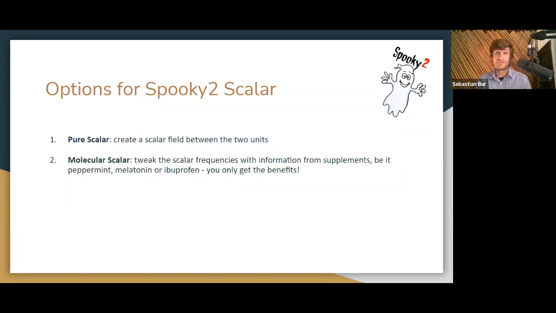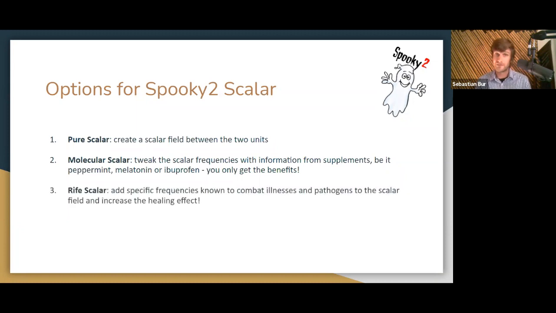So, I mean, this is very new, and I think this is only just the beginning of what we could do with this. It's very, very promising to me, very interesting. But now the really cool part is that you can also plug in a Rife machine and add specific frequencies to the field that we know can help with illnesses and pathogens.